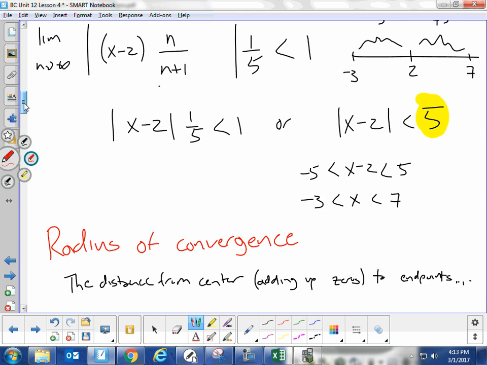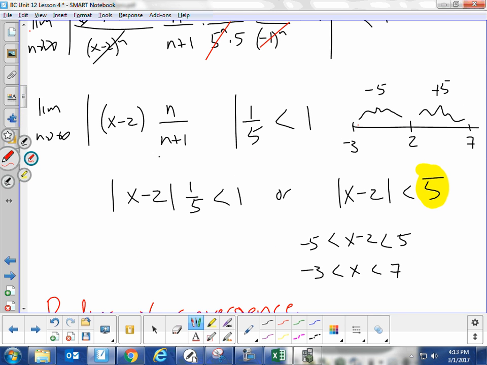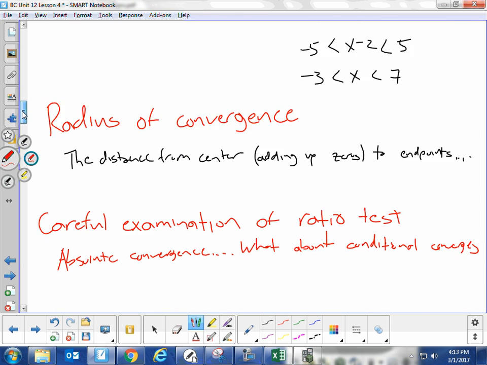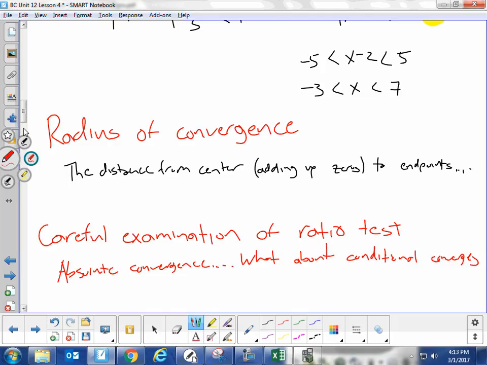What we will find is that every single thing on the inside here, we are going to absolutely converge. We're good. But once we get to the endpoints, we could have a situation where we conditionally converge. So if I were asked about just convergence, I need to test my endpoints.